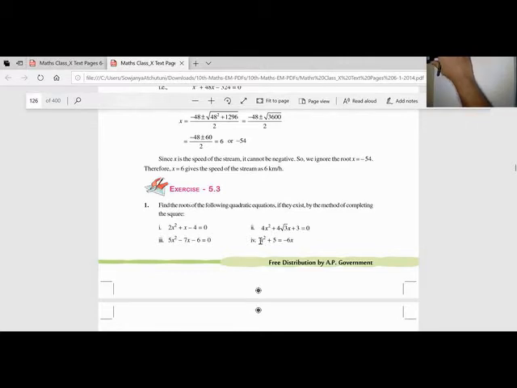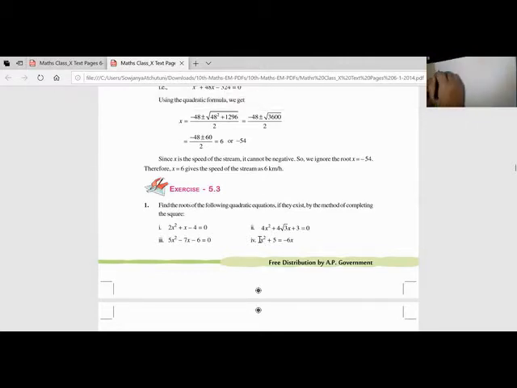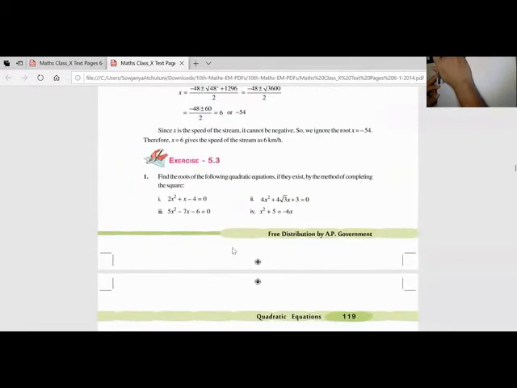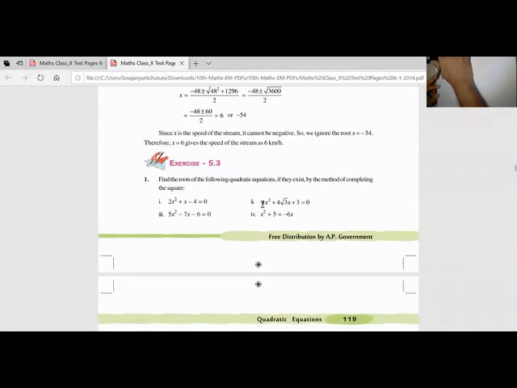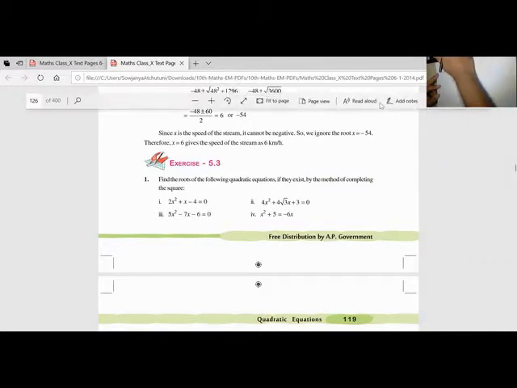So let me do this problem: x square plus 6x plus 5. Another problem we'll choose is 4x square plus 4 root 3 x plus 3 is equal to 0.